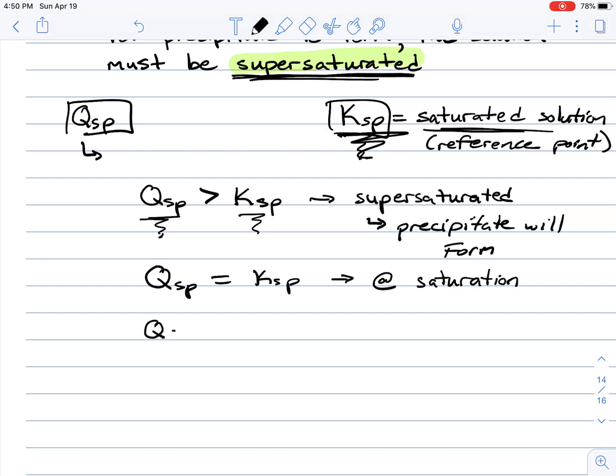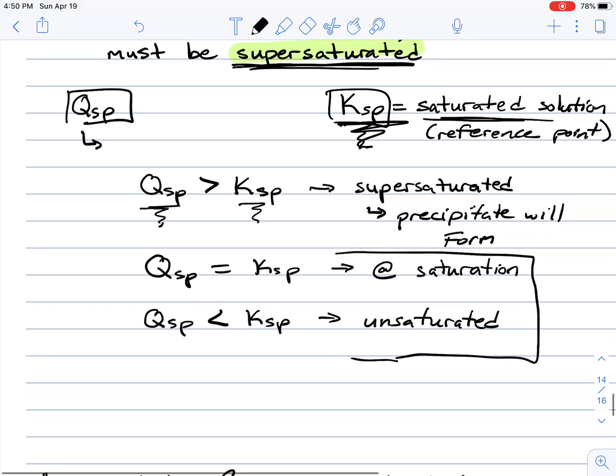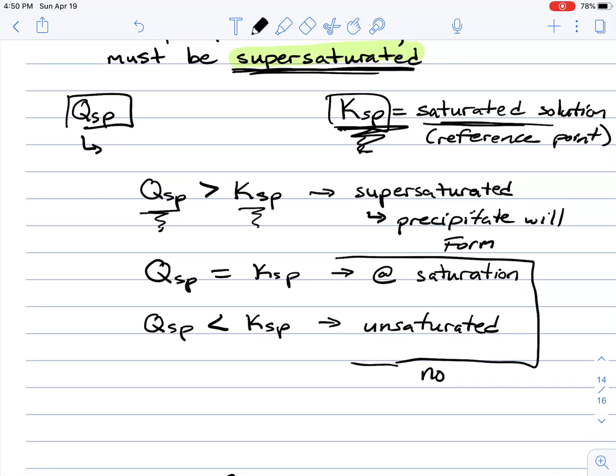And if your Qsp is less than the Ksp, then the solution is unsaturated. For these two scenarios, when Qsp is equal to Ksp and Qsp is less than Ksp, no precipitate will form.